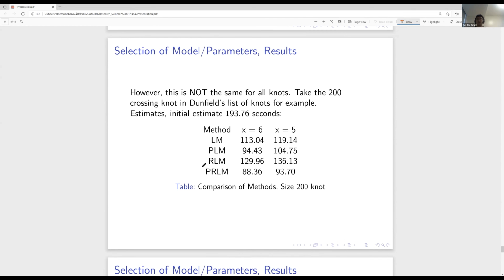And we'll see similar results if we just calculate the Kauffman bracket and record the time, as opposed to estimating the time it will take to calculate it.